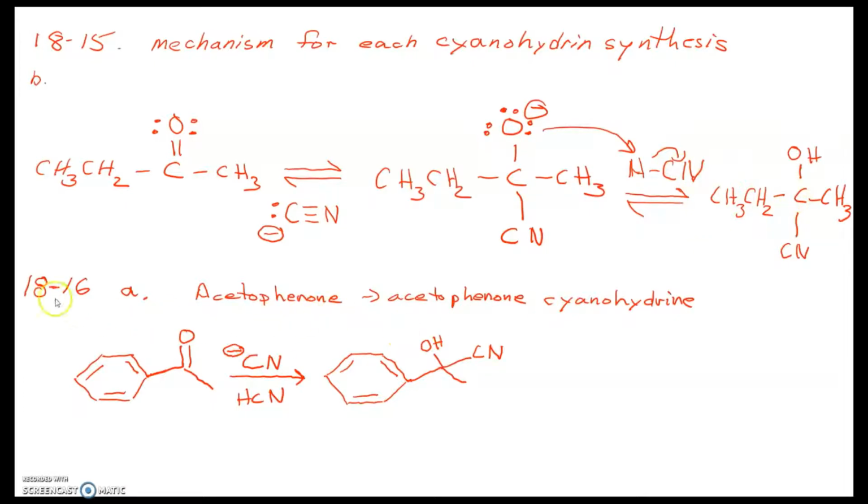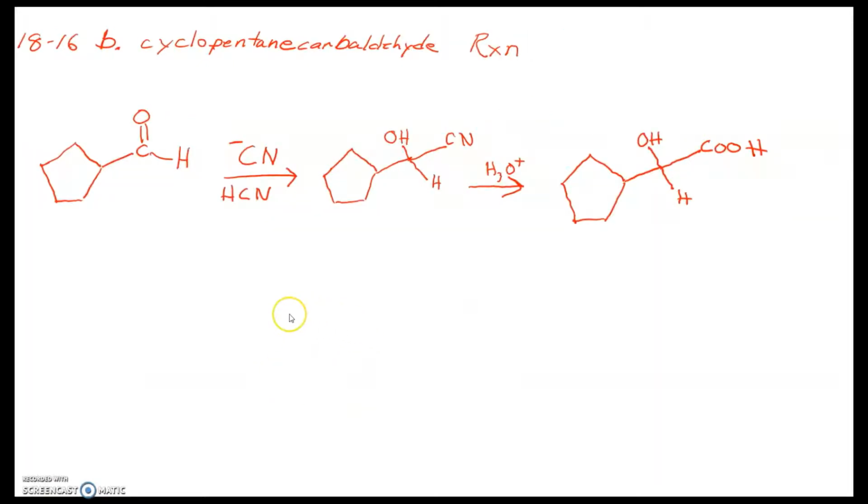In problem 18.16a, we are just looking at what happens when you treat an aldehyde or ketone with sodium cyanide or potassium cyanide in the presence of hydrocyanic acid, and you're going to get the cyanohydrin. Here is another example of a reaction of an aldehyde with the cyanide ion in the presence of HCN, with the solution then being acidified.